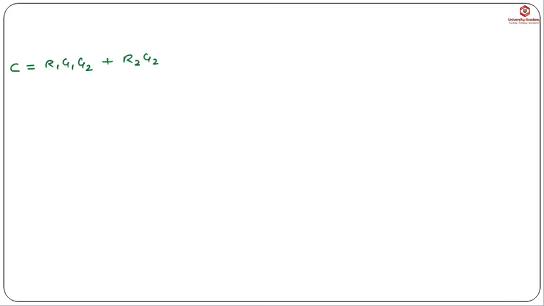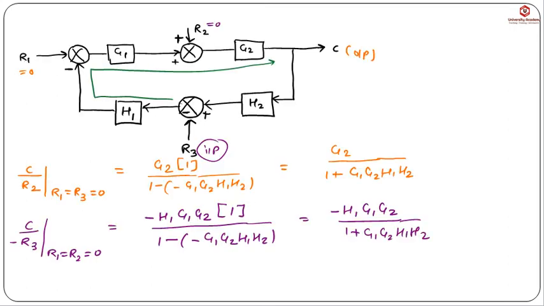The denominator is the same in all three transfer functions, and for the third input R3, C will be equal to minus of R3 into minus of H1 G1 and G2. So this minus minus will become plus. Then we have R3 H1 G1 G2.